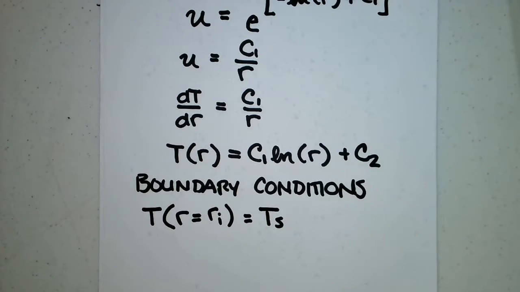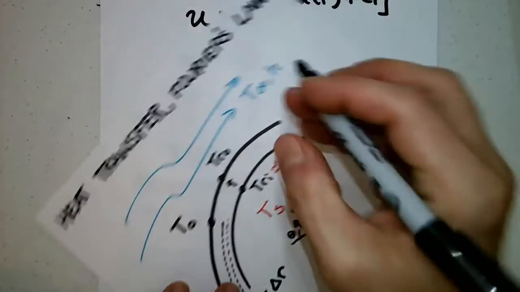And our other boundary condition is going to be balancing the flux at the outer wall.